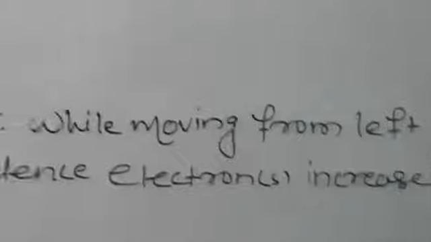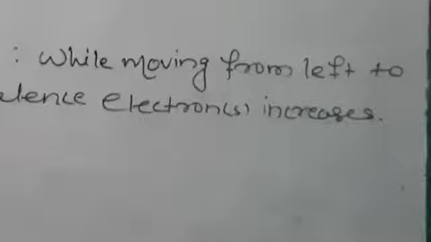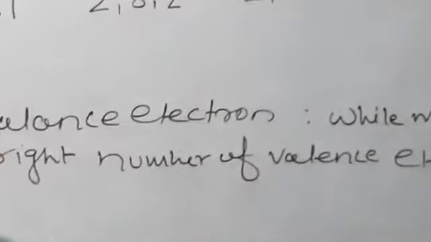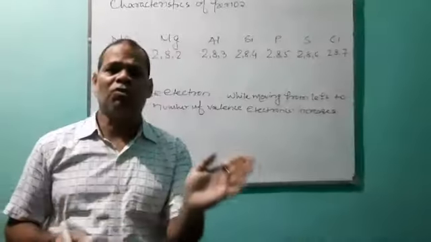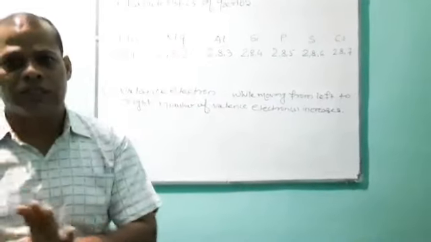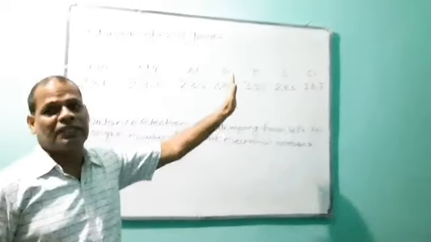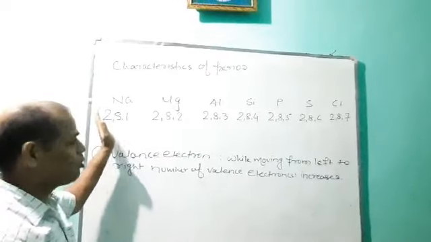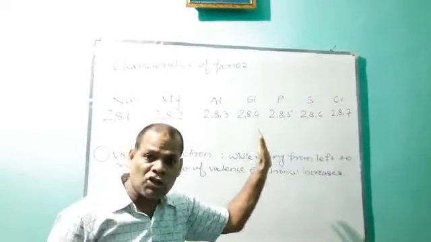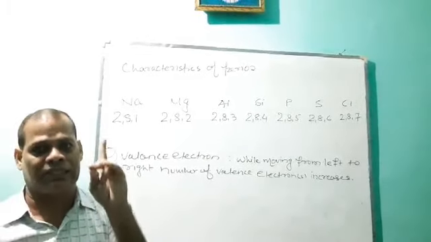Regarding the valence electron, a question often comes: what is the effect of the valence electron when we move from left to right along the period? We are talking about the characteristics of a period.